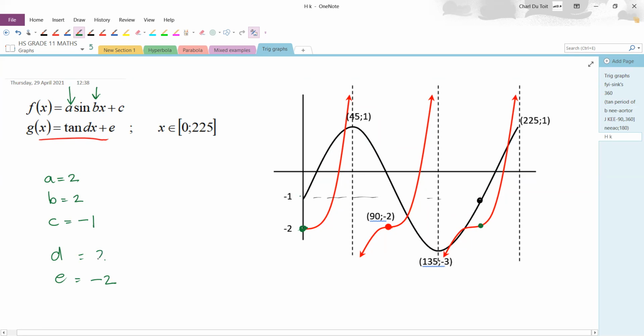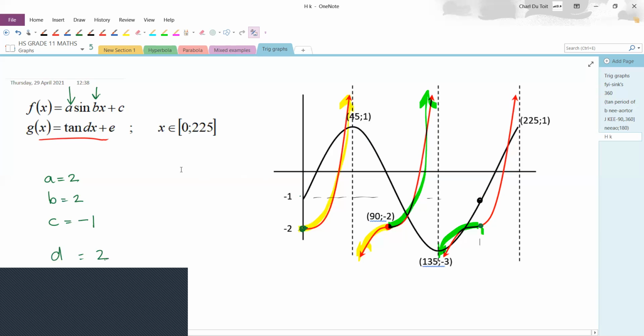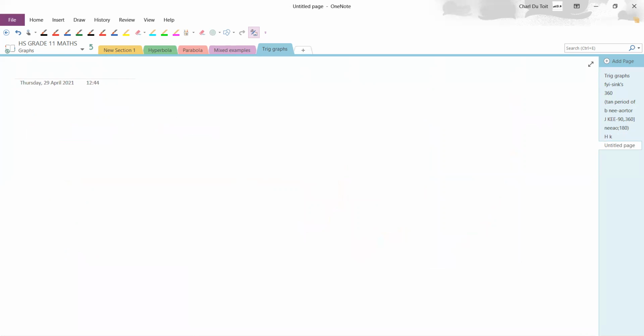Very good. I can draw one tan graph to 90 degrees. There we go. It's one tan graph finished. Then in green, I'm drawing the second tan graph. And that's 180. Awesome. Good. Let's do another one. If you can get these graphs from a drawing, then you're doing well.